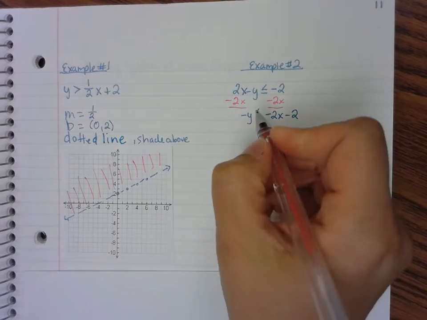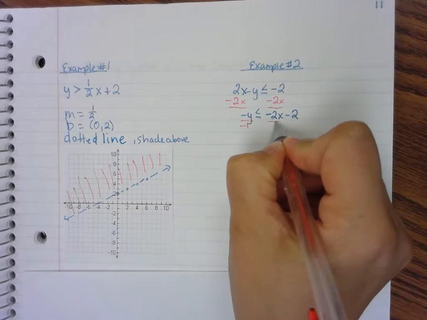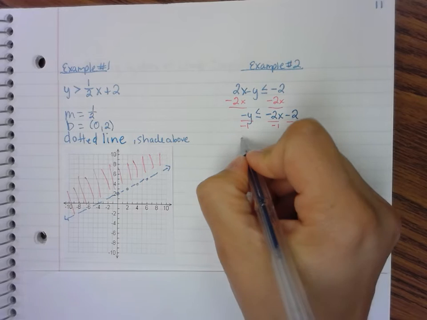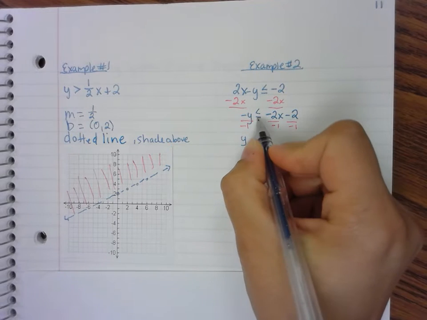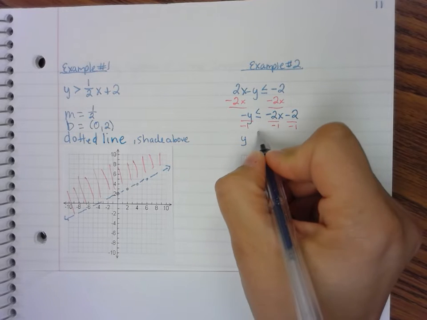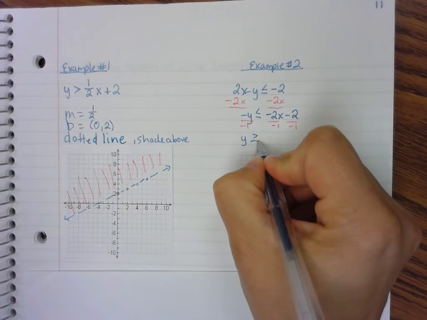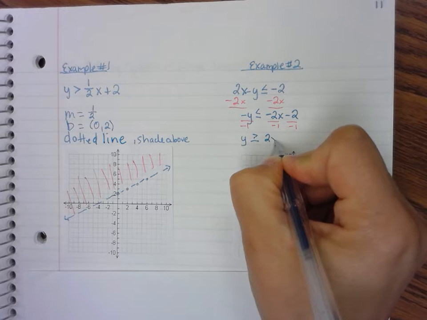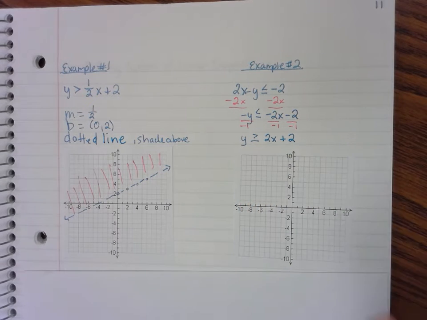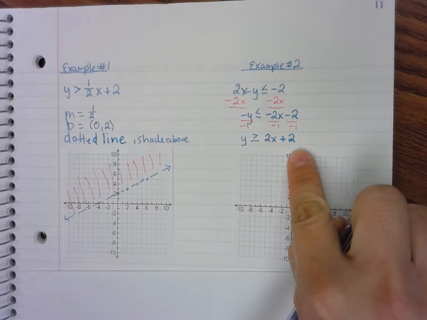And I'm going to divide by a negative 1 on everything, which is y. Because I divided by a negative 1, I need to flip the inequality symbol so it becomes greater than or equal to positive 2x plus 2.